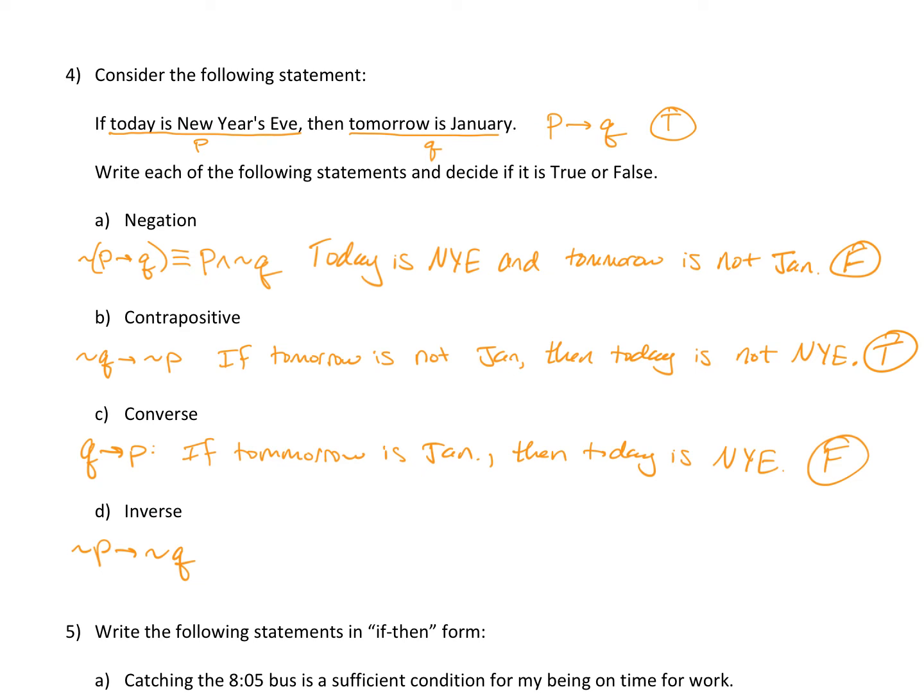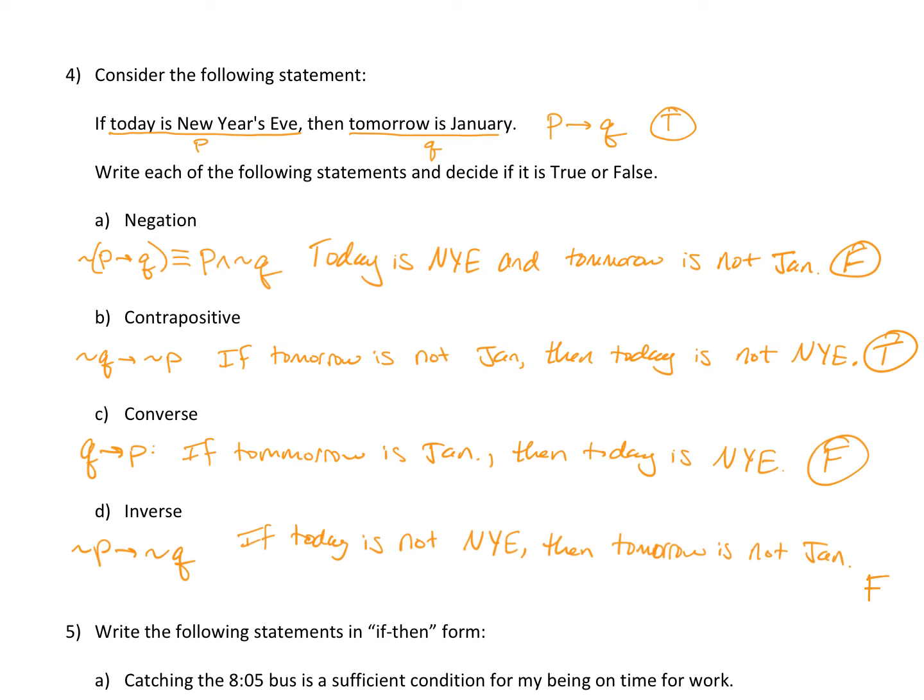Not P implies not Q. So that says if today is not New Year's Eve, then tomorrow is not January. And that is not true, right? If today is not New Year's Eve, it could be January 3rd, and tomorrow is in fact January, right? So this statement is false.